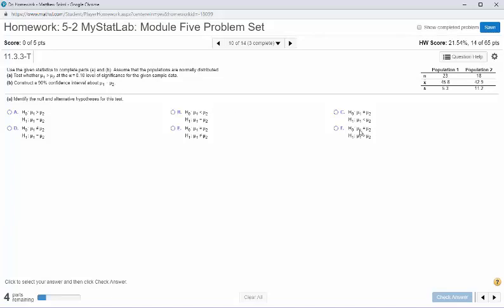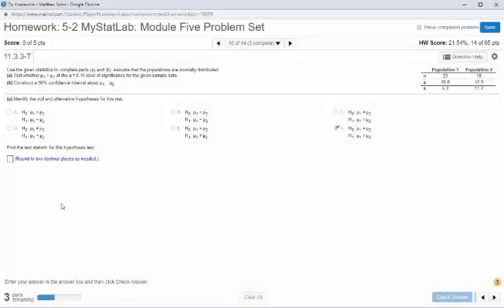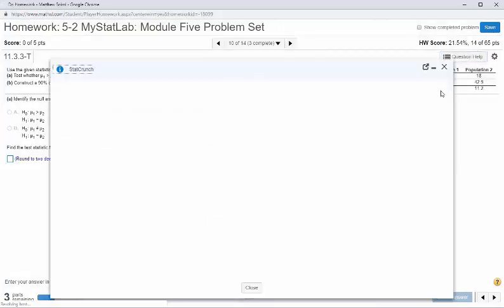Well, remember what I said: H0 is always a statement of equality. And then we're looking to show evidence for what we want to test. So it's Ha here. All right. Let's find the test statistic for the hypothesis test. So what I'm going to do is load up StatCrunch.